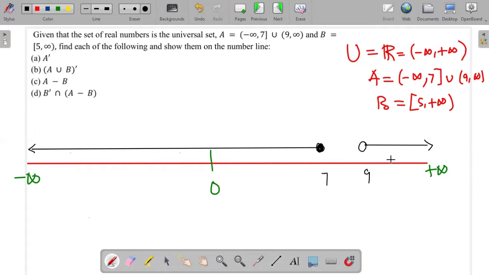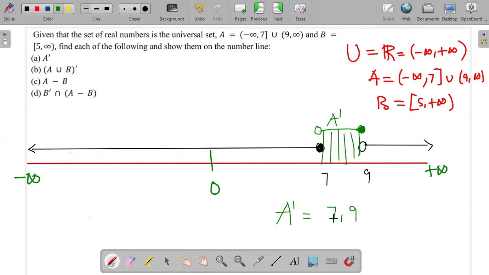So meaning what is A complement? Okay, so A complement will just be this part here. So on the 7, I'll put an open circle. On the 9, I'll put a shaded circle like that. So this part here will be my A complement. Okay, that's all. So that is my A complement there. So you can even shade it like that. So now, writing the answer, you say A complement is equals to, so it's between 7 and 9.